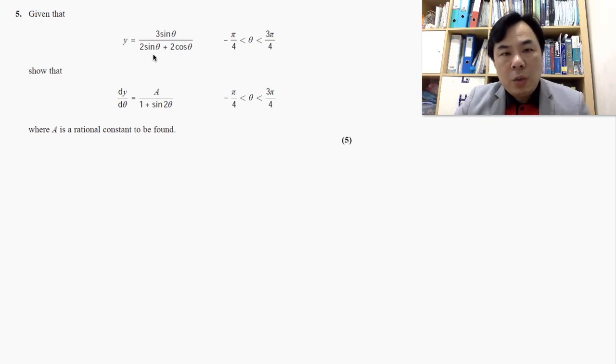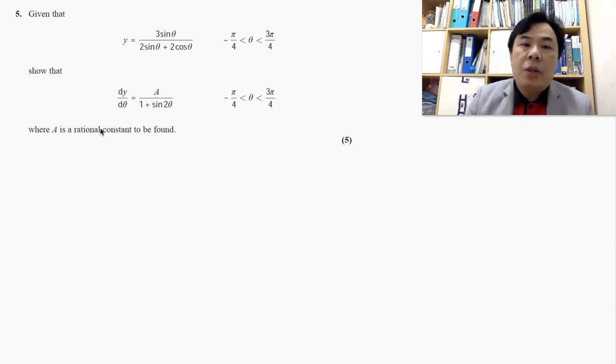Now, our task today is to show that the derivative with respect to theta can be shown in this form, where a is a rational constant to be found.